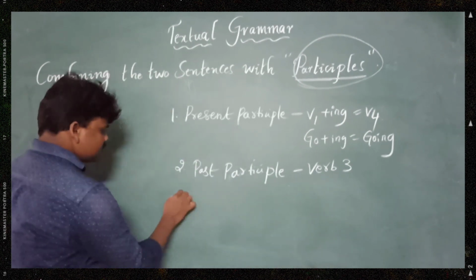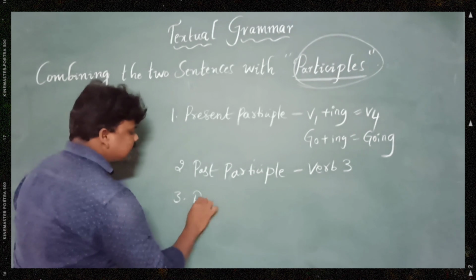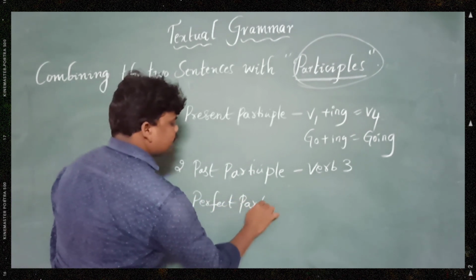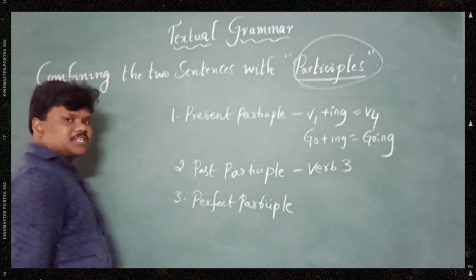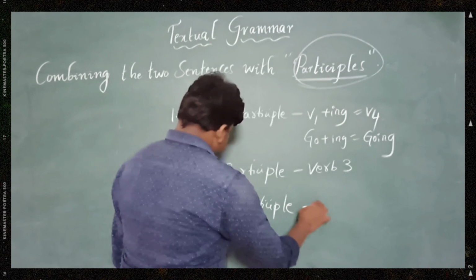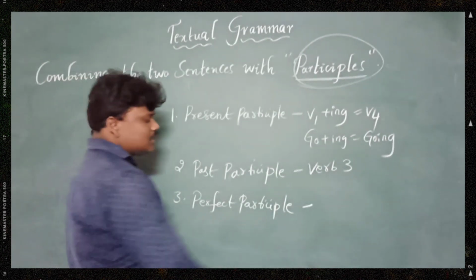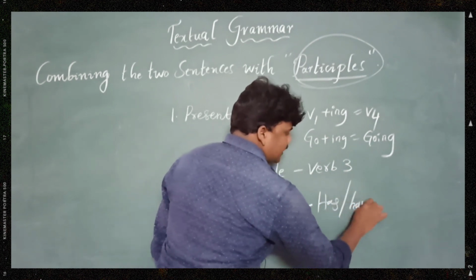Well, yes. What is the third one? Perfect participle. If the participle is perfect, we call it perfect participle. Basically, perfect participles always start with either has, have, or had.